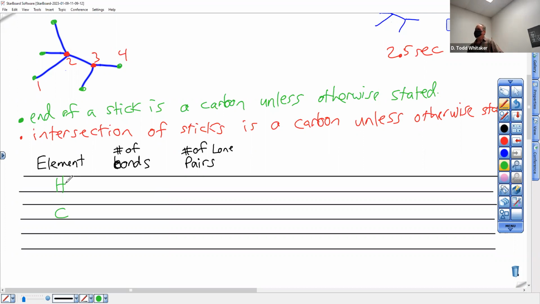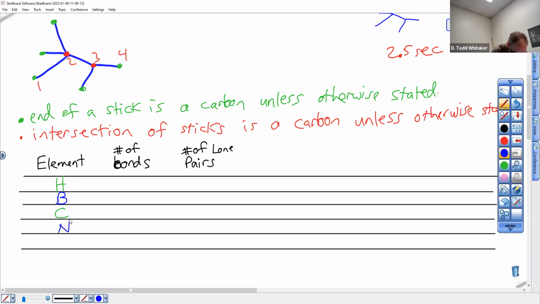So, we deal a lot with boron in this course. Although it's not very popular as a natural molecule in organic chemistry, boron is used a lot synthetically in the lab. So boron, and what's the one right after carbon on the periodic table? Because that's how I'm organizing this. Nitrogen?